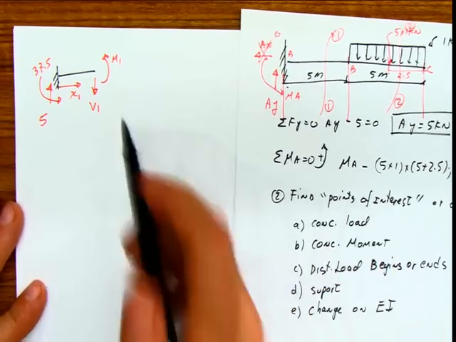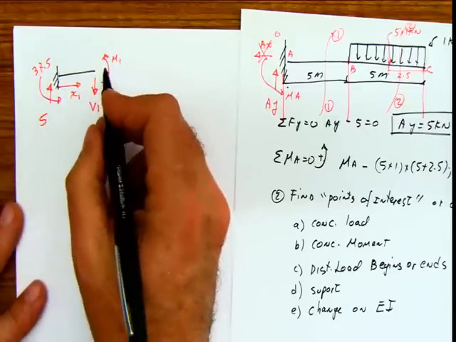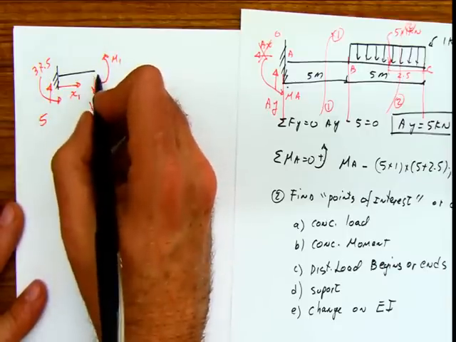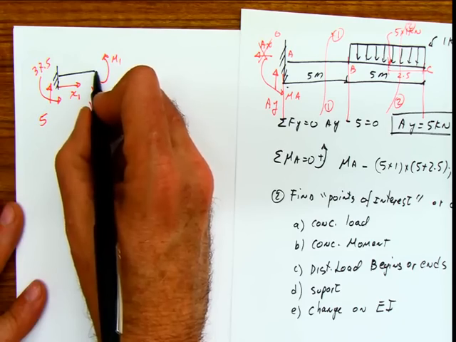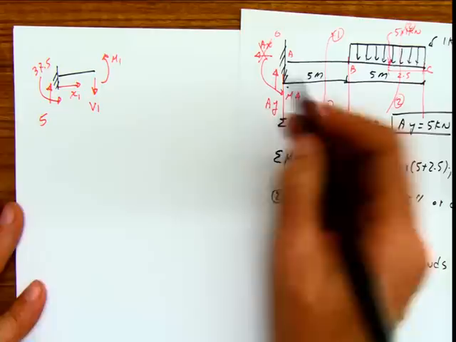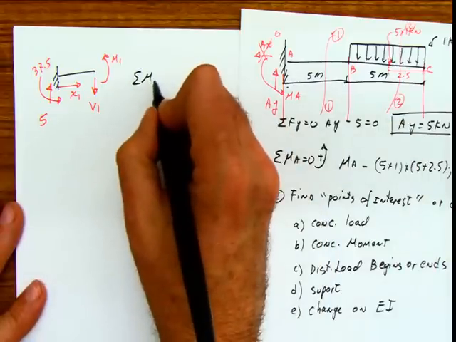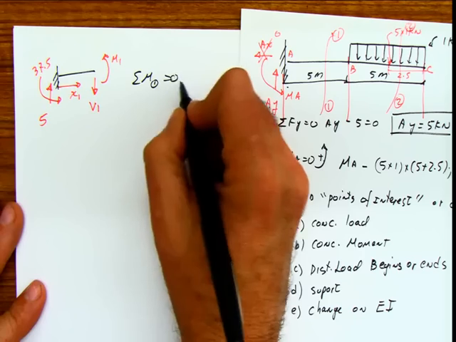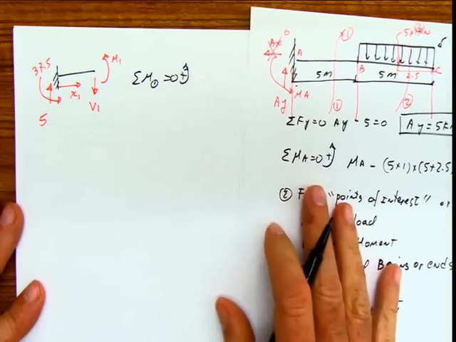If we use this cut, I'm going to do the summation of moments at point 1, because that's the name I gave it. Summation of moments at 1 equals 0, with any convention I want.